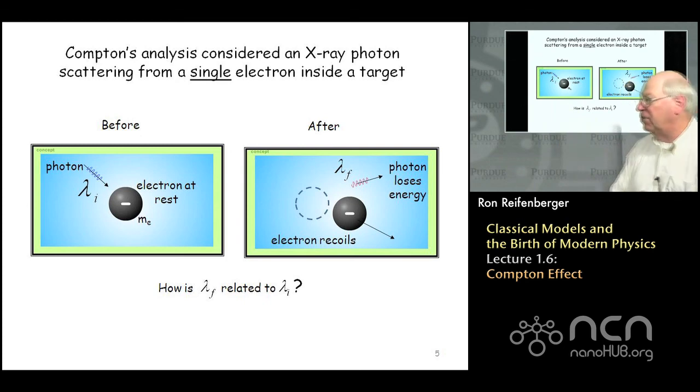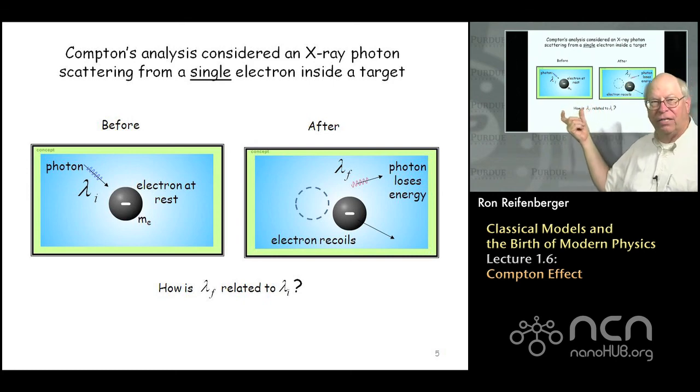So what Compton imagined was an incident photon coming into a carbon block. The incident photon has a wavelength lambda sub I. In the process of penetrating into the carbon block, that photon interacts with an electron. The electron has a mass m sub e, and the electron is assumed to be at rest, right?